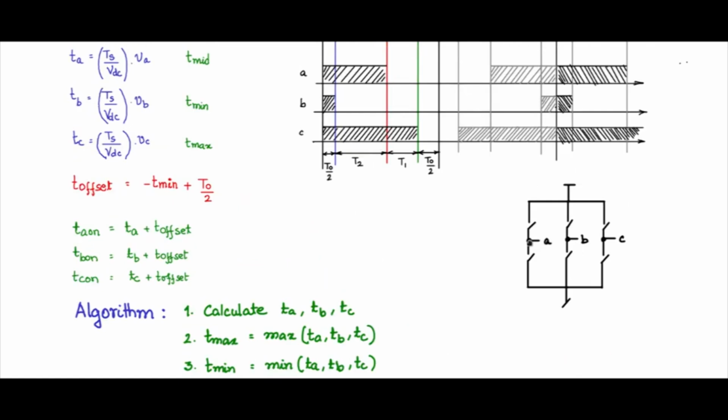For every arm, for the top switch and the bottom switch, you will give A and A bar. When you give A bar, you don't give just an inversion of A to the other device. It's not just a plain inversion.